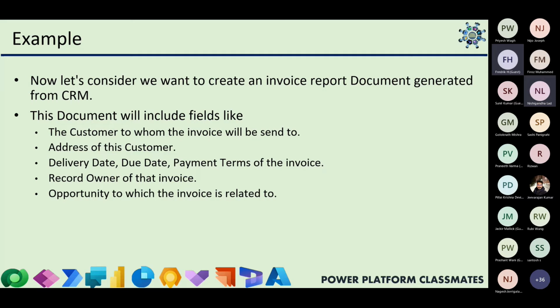In this case, I need to add the customer to whom the invoice will be sent, the address of the customer, the delivery date, the due date, payment terms of the invoice, the owner to whom the invoice is assigned, and the opportunity related to the invoice.